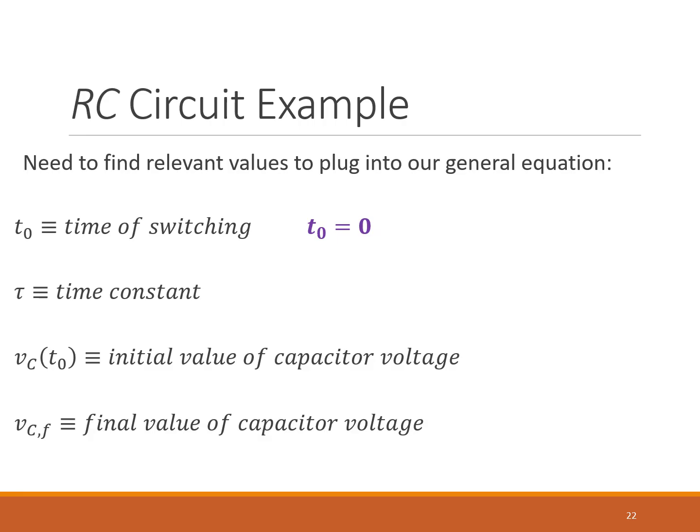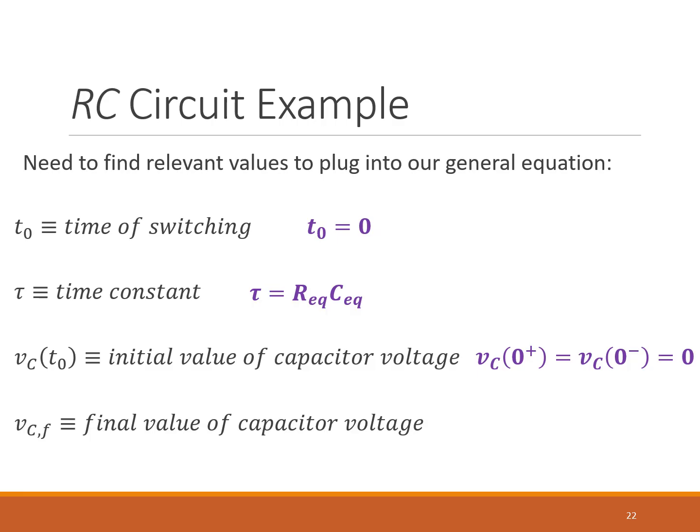The second thing we need to know is our time constant tau. In this case, because we have multiple resistors, we're going to go to that more general form. We're going to say tau equals Req times Ceq, and we'll see the specifics of how to deal with that in the next slide. The third item we need is our initial value of our capacitor voltage, Vc of T0.